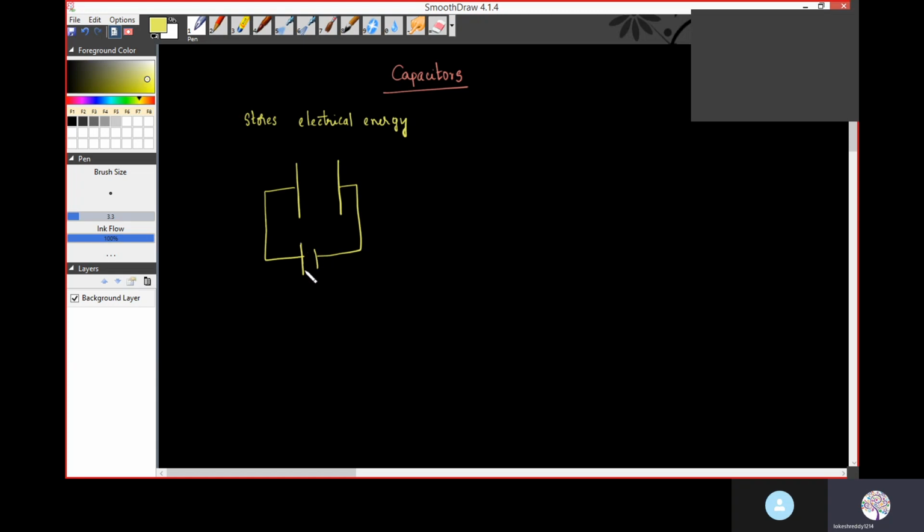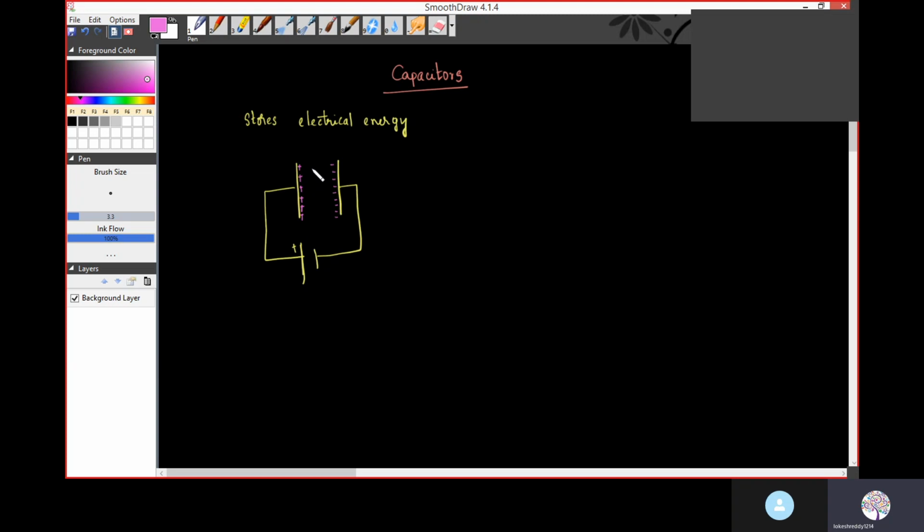If I connect it to the positive terminal of the battery, then what happens here? This acquires positive charge. If this acquires positive charge, then it will attract the negative charge. Then the positive charge here goes to the negative terminal.